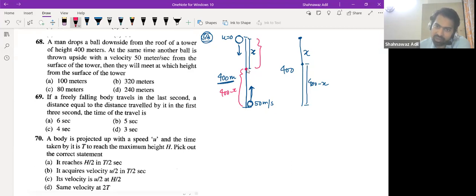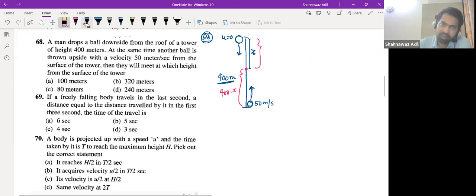This object will take the same time. So time would be the same, right? Okay, so now let us calculate this x distance. For x, the movement is downwards, in the direction of gravity.